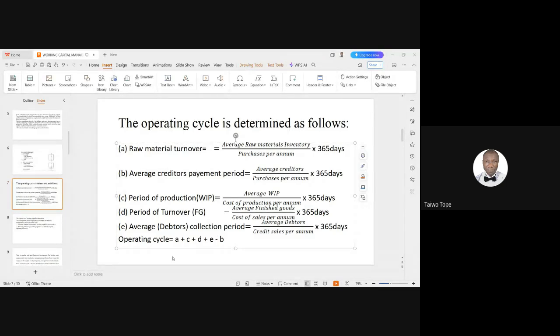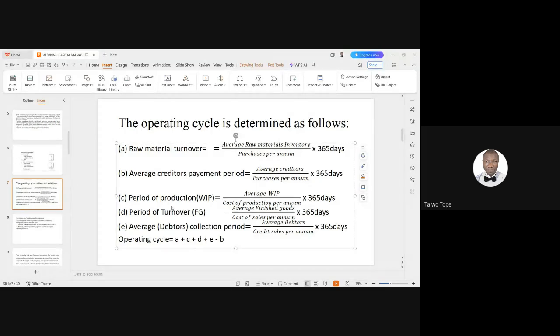Is this clear, please? No, I'm not clear, sir. Please recap. At the beginning of this class, we made it clear that working capital is current assets less current liabilities.